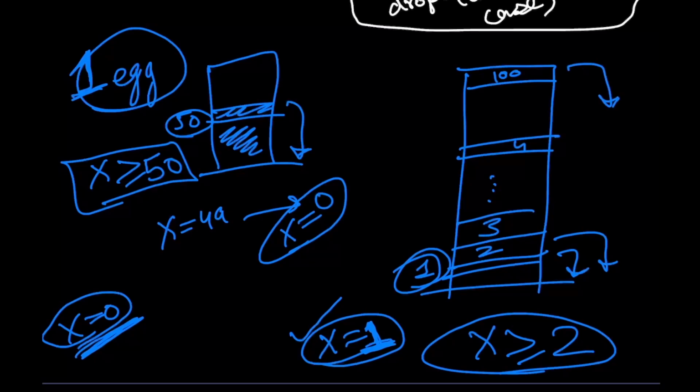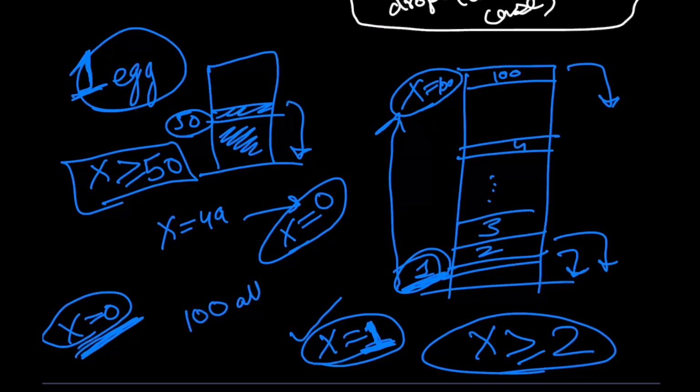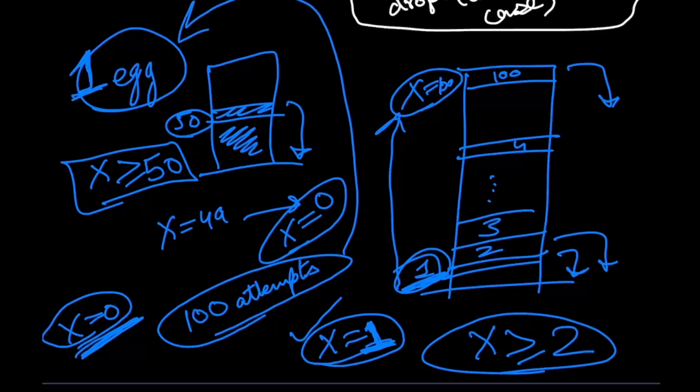If it doesn't break, then since there can't be any floors above that, x is equal to 100. So we start from floor number 1 and go all the way up to 100. This takes us 100 tries in the worst case, 100 attempts rather. So this is an algorithm, and this is actually the only true algorithm that would work given we had only one egg.